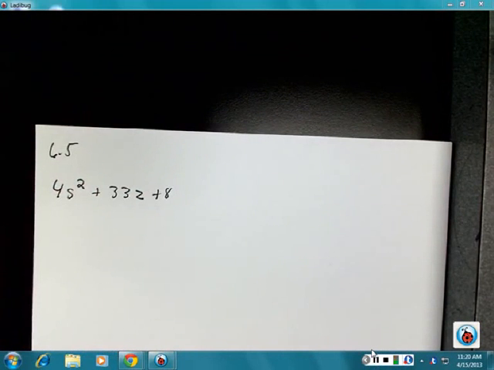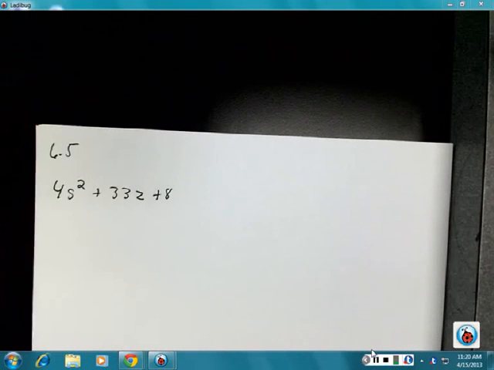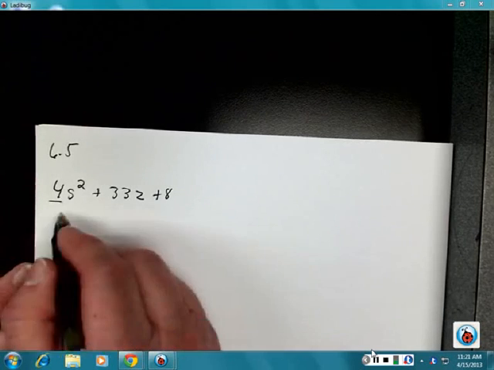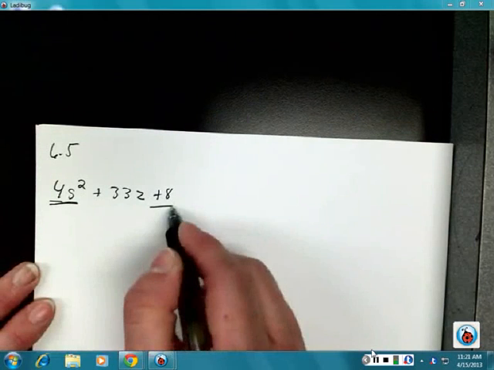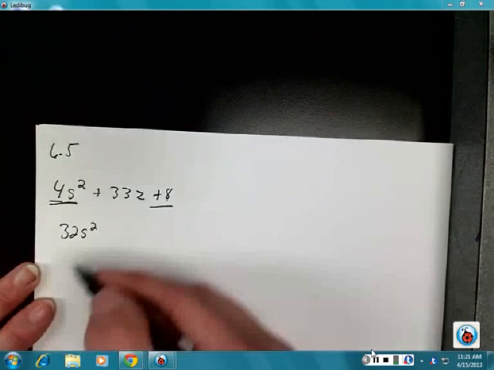So if I look at this problem and we get down to what our steps are going to be on it, can I take anything out of it? That's the first thing I'm going to look for. Can I pull anything out of there? Can't take anything out? Well, I've got a number out in front, so that means I need to do that longer method. So 4 times 8 is 32s squared.